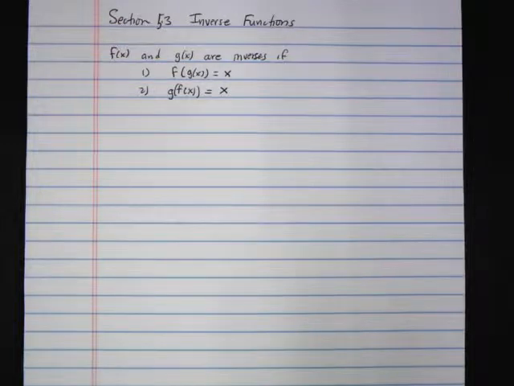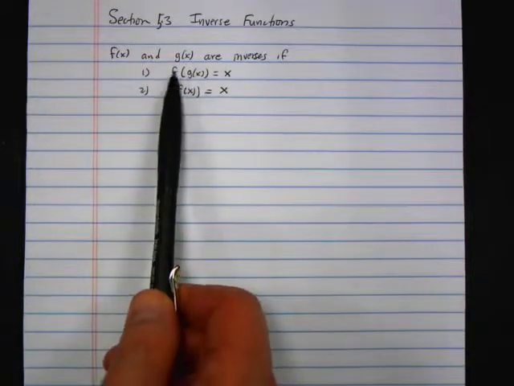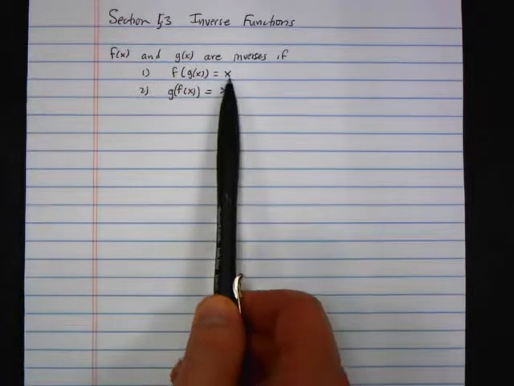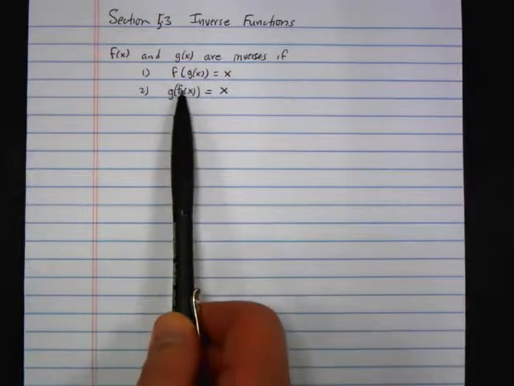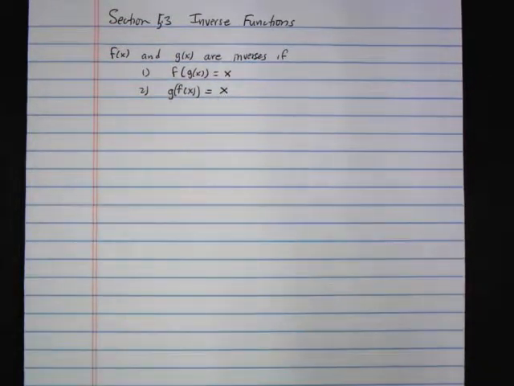So basically, what do f and g do to each other? They cancel each other out. In f composed with g, the f and the g cancel each other out. We're just left with the x. The g and the f cancel each other out. We're just left with the x.